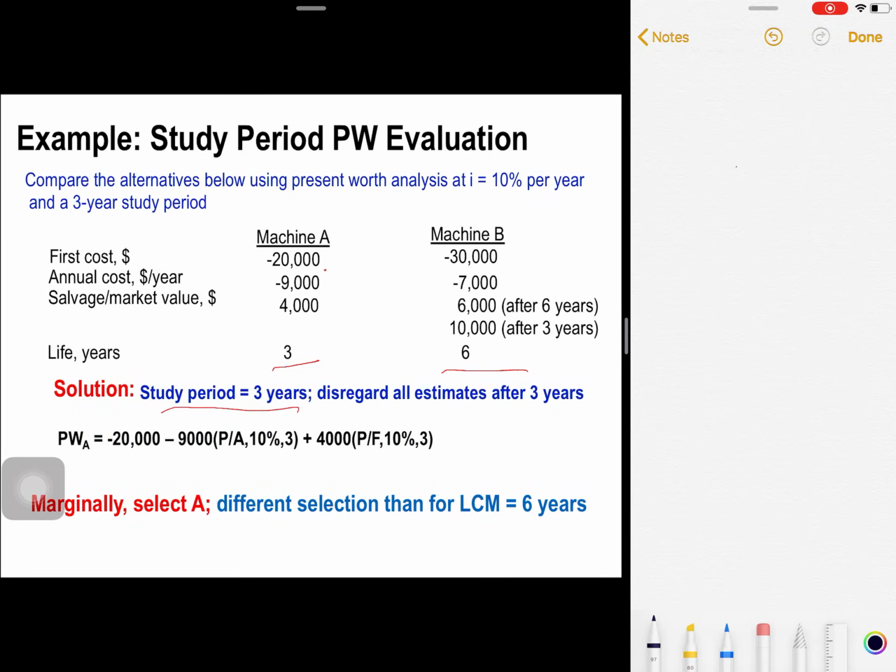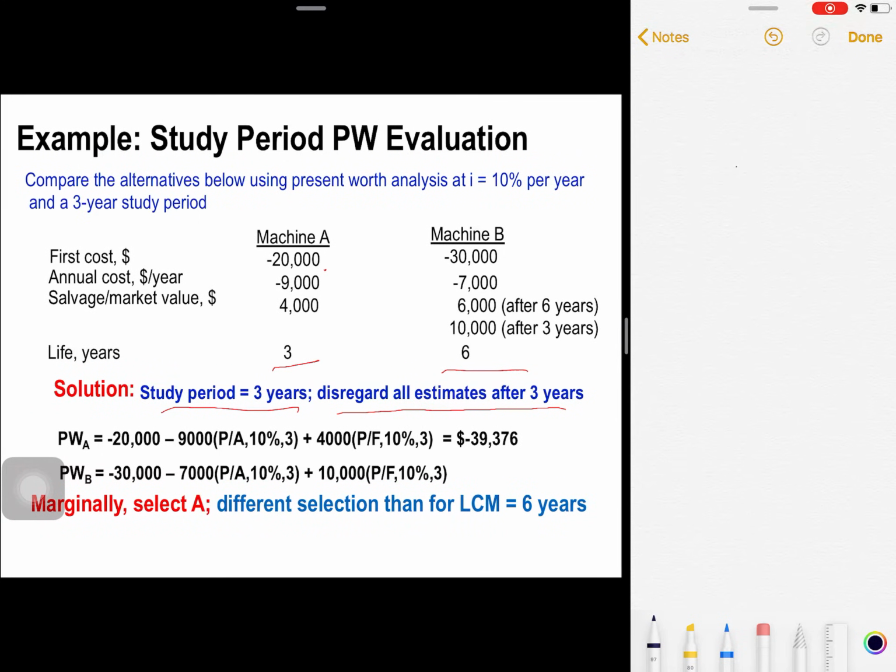The solution: study period 3 years, disregard all estimates after 3 years. For PWA using the study period: negative $20,000 minus $9,000 P of A, 10%, 3, plus $4,000 P of F, equals negative $39,376.